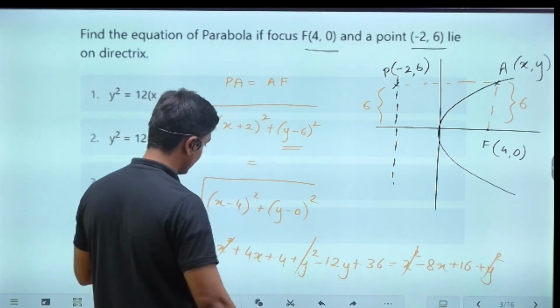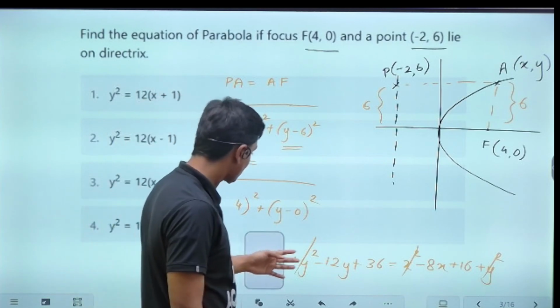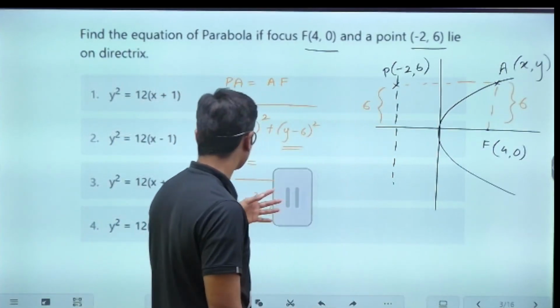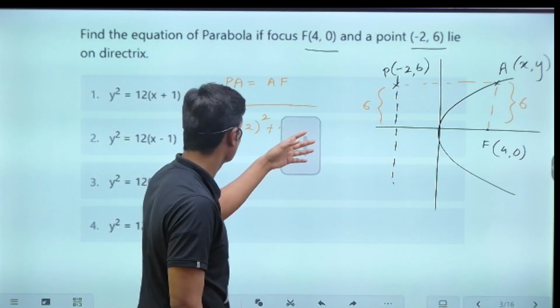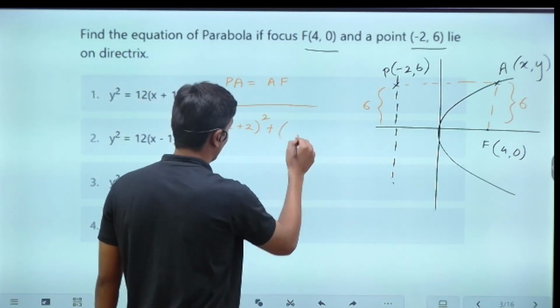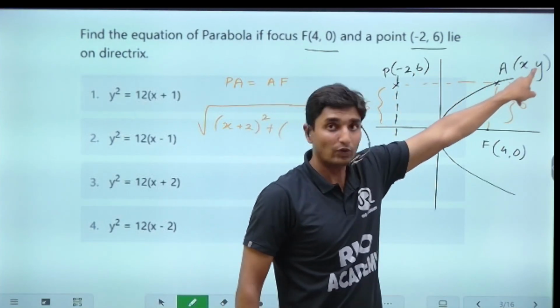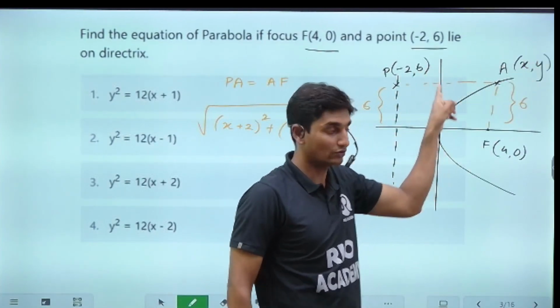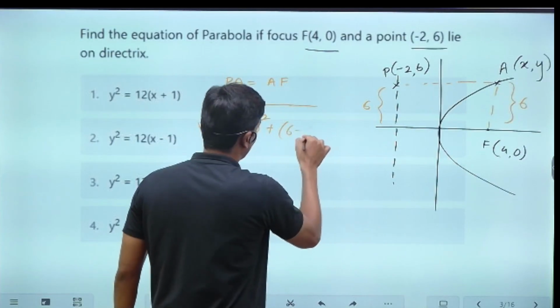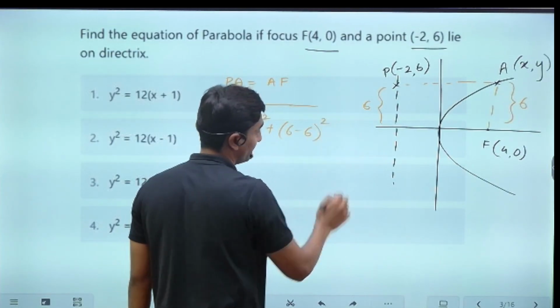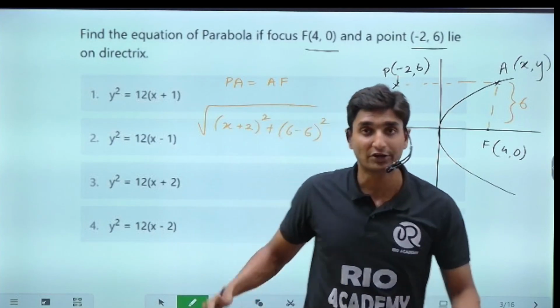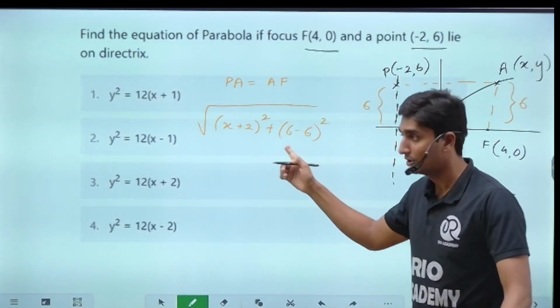Okay, so I'll just erase it here. I'll just write down the values once again. Okay, see, y minus of 6, but the value of y we already know, it is also 6. So 6 minus of 6 will be equal to 0, and 0 square is nothing but 0. Okay, why are we doing that, guys? We are doing that because of our options.